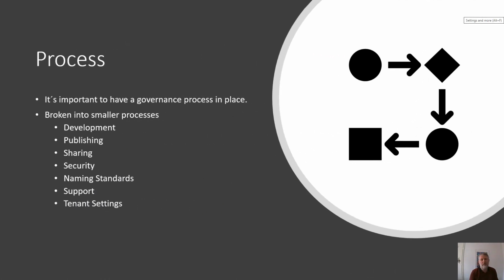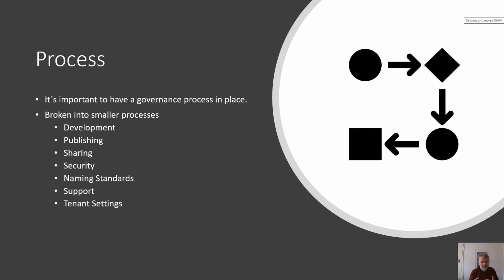So the first pillar of the governance strategy is processes. As I said in the beginning, processes are the backbone of any good governance strategy. You need to have the description of how things should be done, because otherwise you are going to get things done in a lot of different ways, and it can make your implementation effort hard.